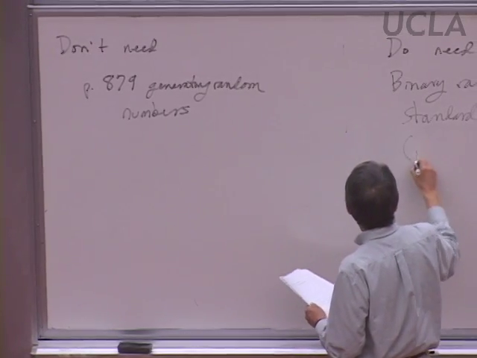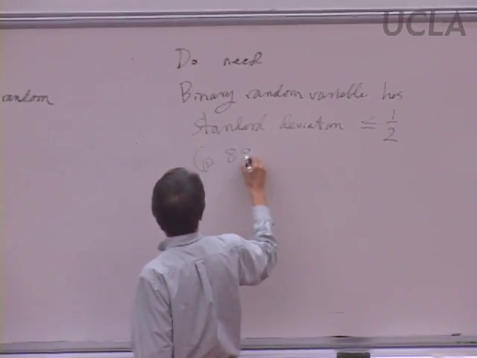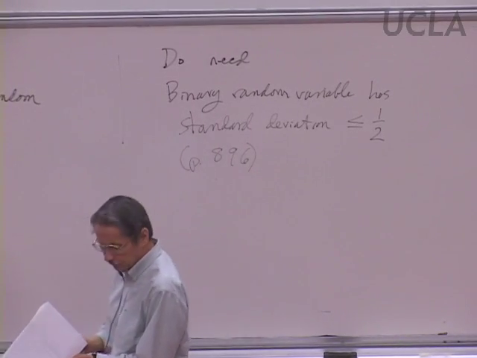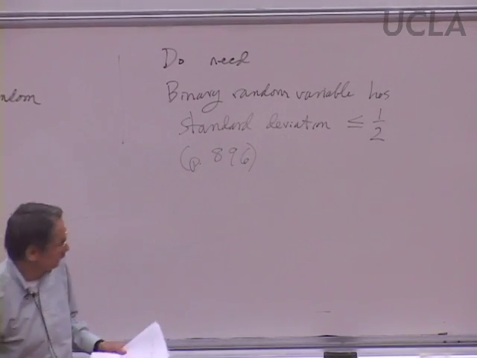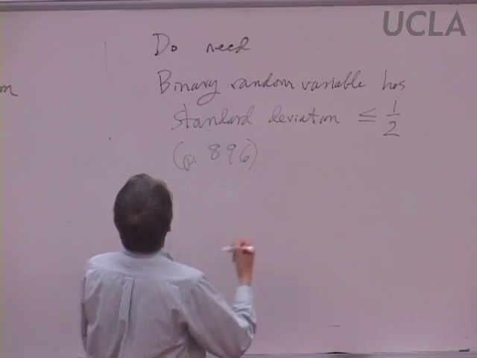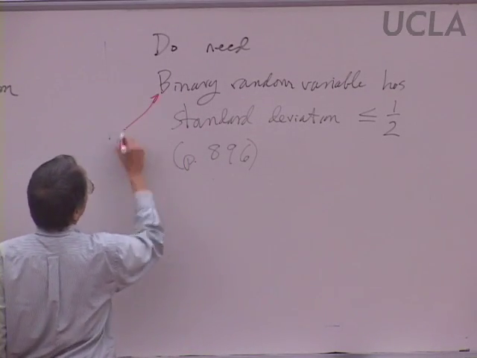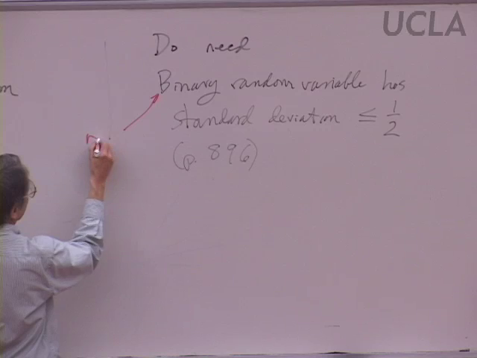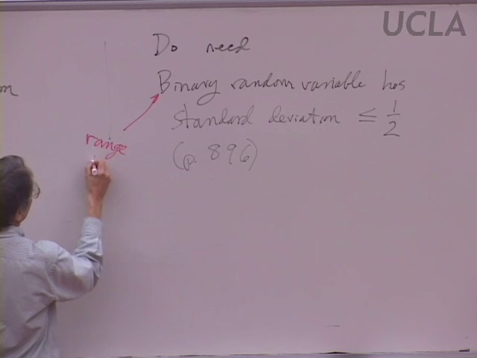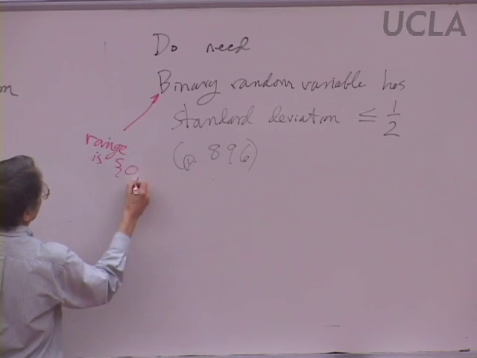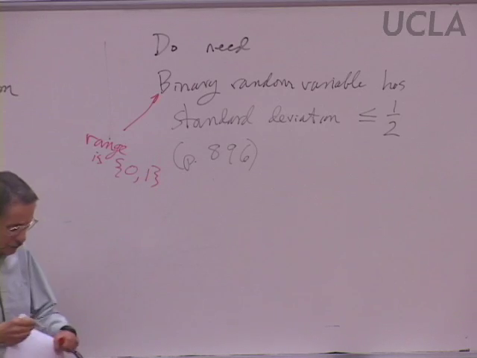Well, this is mentioned on page 896, but only very briefly. And of course, by binary random variable, I mean that the range just consists of the numbers 0 and 1.